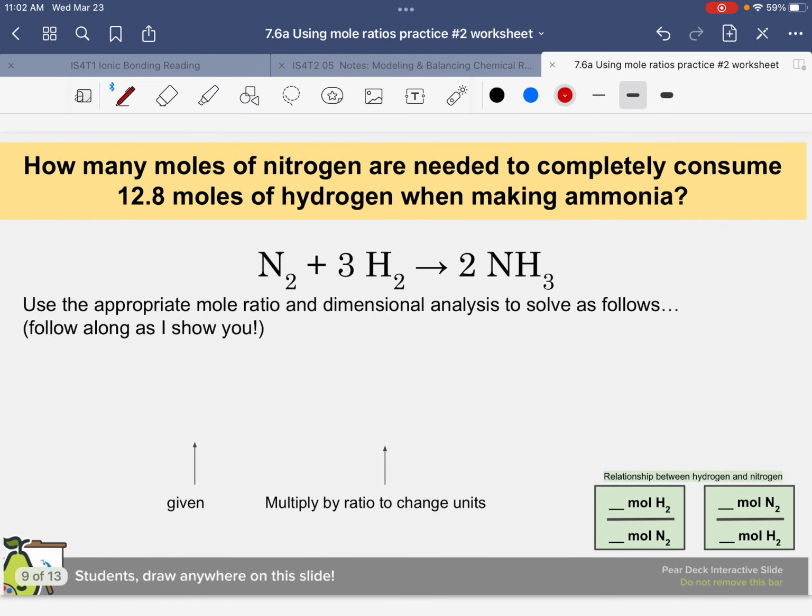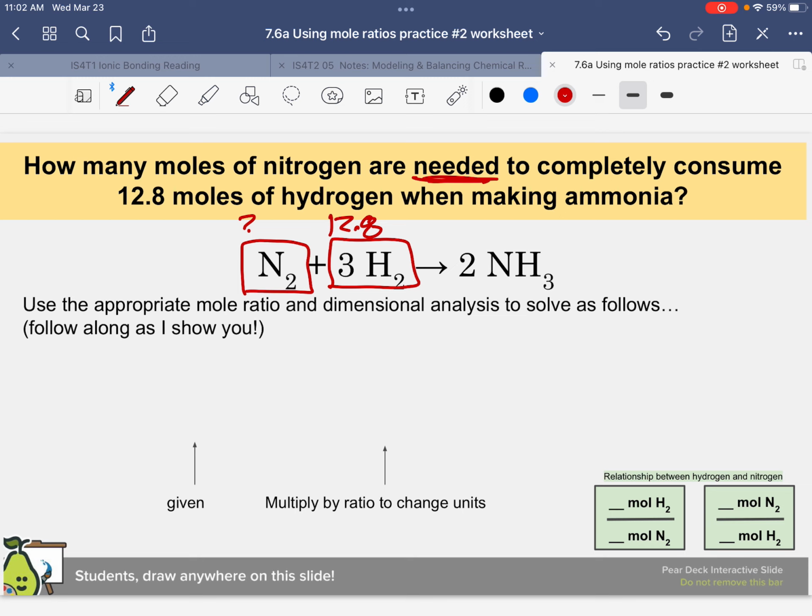So we might get a question like this: how many moles of nitrogen are needed to completely consume 12.8 moles of hydrogen? Notice we're saying we're going to use 12.8 moles of hydrogen. We're not using 3, we're using more than 3.